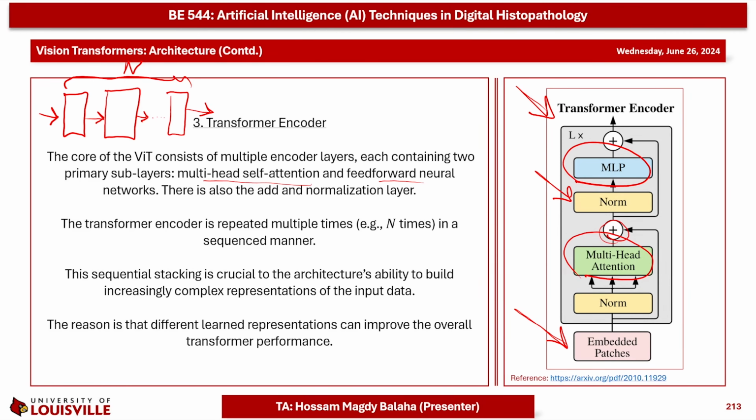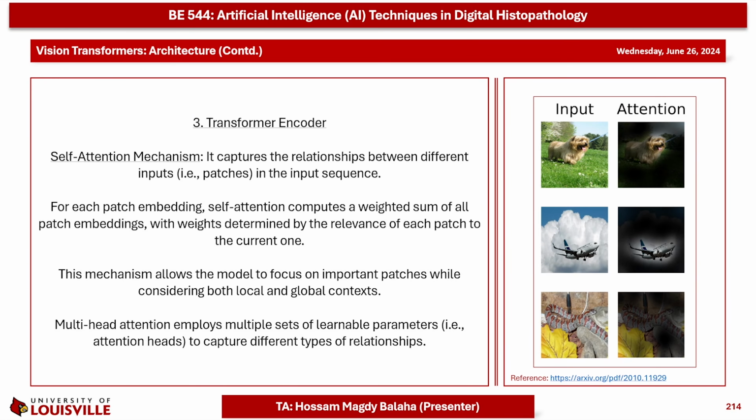So now we have embedded batches, which are applied to a sequence of encoders, and each encoder will contain the same components. The first component is the multi-head attention. Inside the multi-head attention, there is something called the self-attention mechanism. The self-attention mechanism captures the relationships between different inputs, which are the batches in the input sequence.